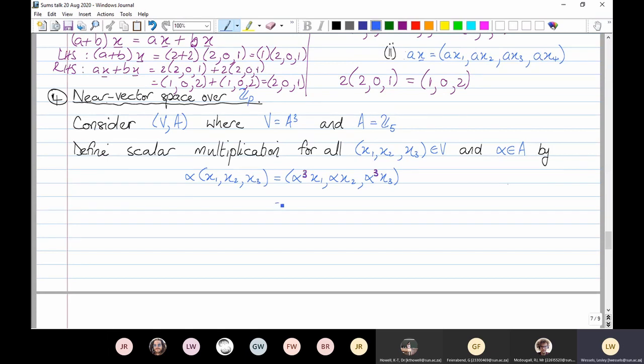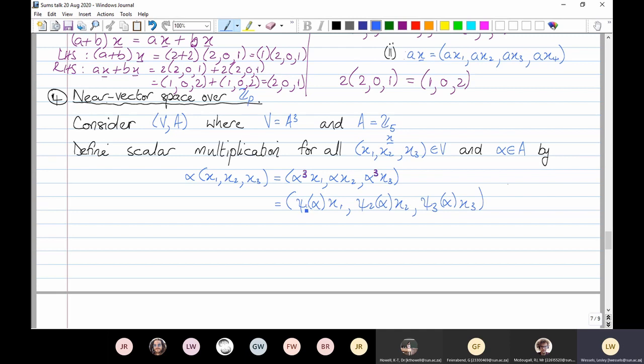That's because when we let alpha act on x, it's actually a multiplicative automorphism: psi 1 of alpha times x1, psi 2 of alpha times x2, and psi 3 of alpha times x3.